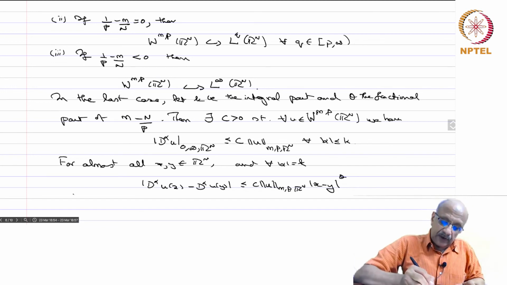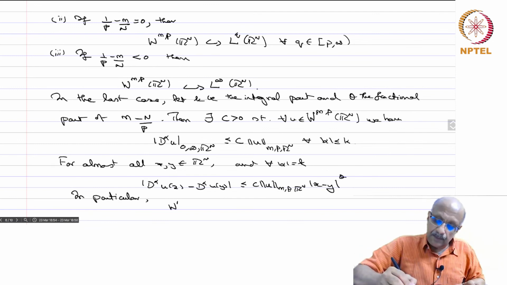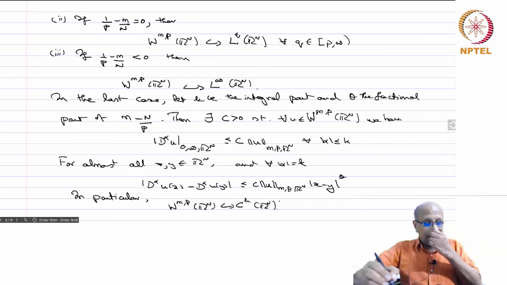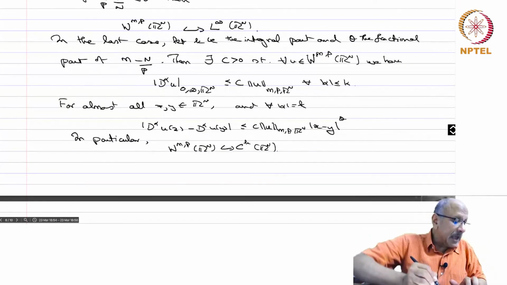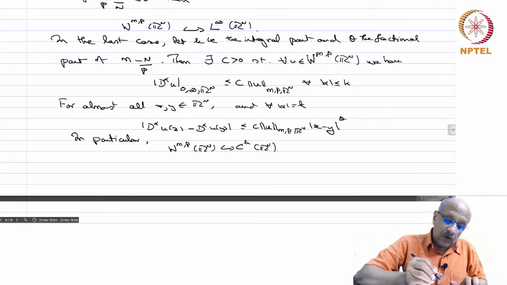Okay. In particular, W^{m,p}(Rn) is contained in C^k of R, and the kth derivatives are Holder continuous. The previous derivatives will actually be Lipschitz continuous for all m greater than n/p.